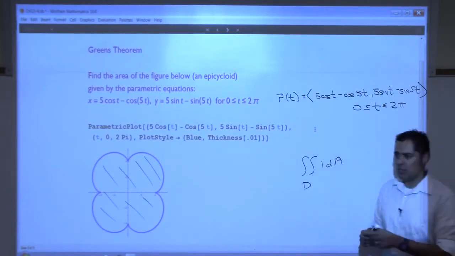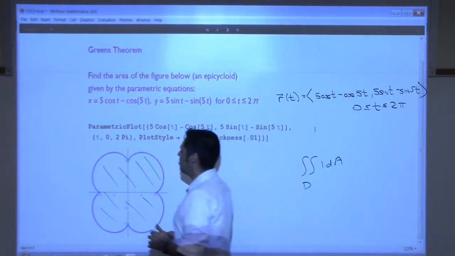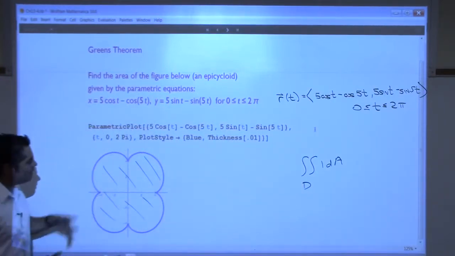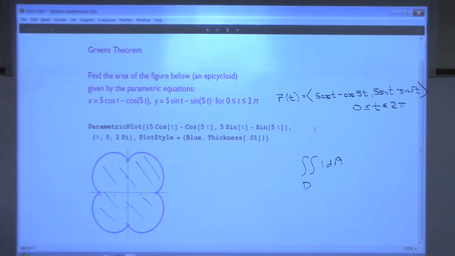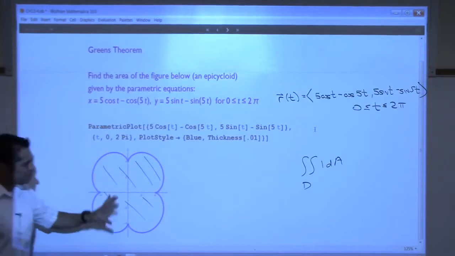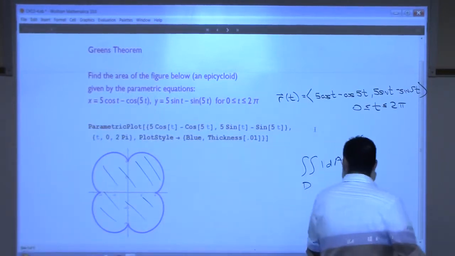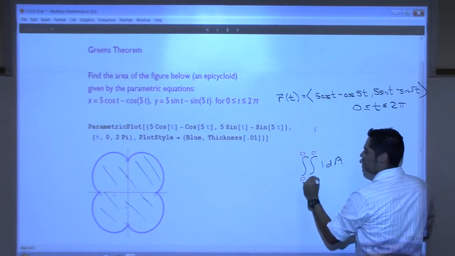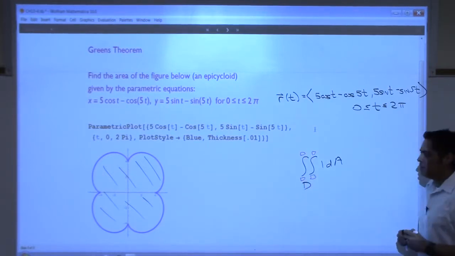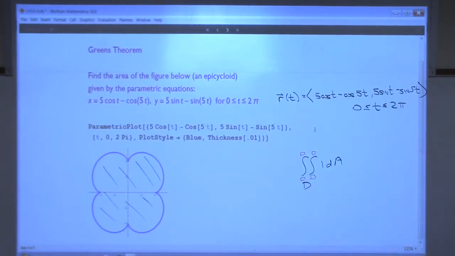So it's not a Cartesian type 1 or type 2. And it's not polar either. I mean, well, it actually, no, it's parametric. It's truly not a polar region the way it's presented to us. So do you see that you're going to have a hard time coming up with limits of integration if you can't do this in Cartesian or in polar?